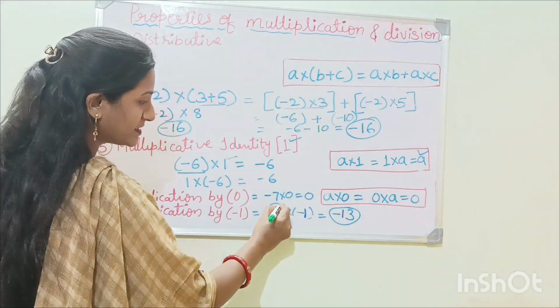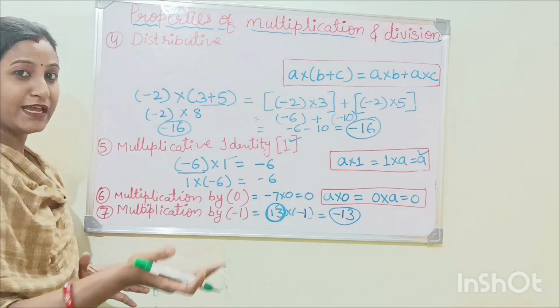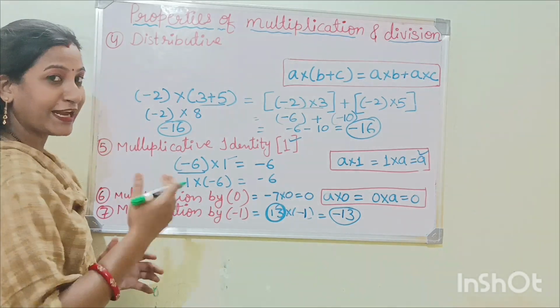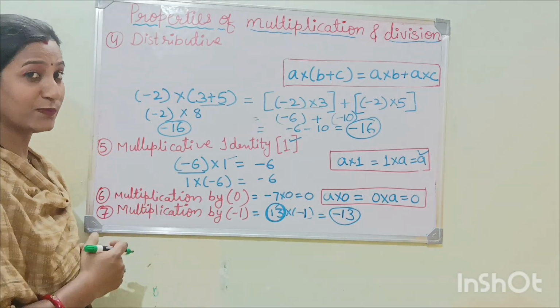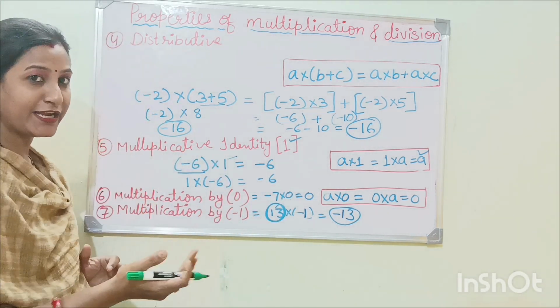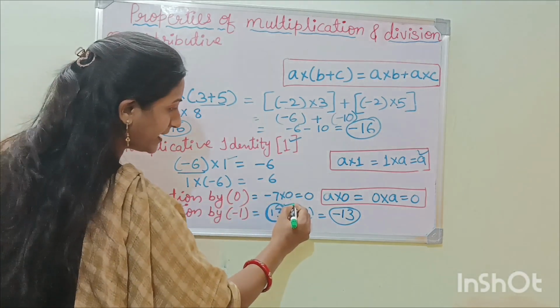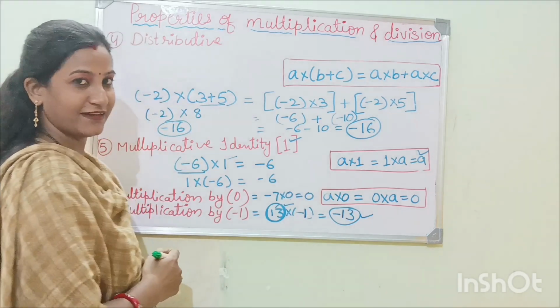So plus 13 was multiplied by minus 1. That is what? We are getting minus 13. So it's kind of what? Additive inverse. So when we multiply any integer by negative 1, we are getting its additive inverse. So it was plus 13, now we got minus 13.